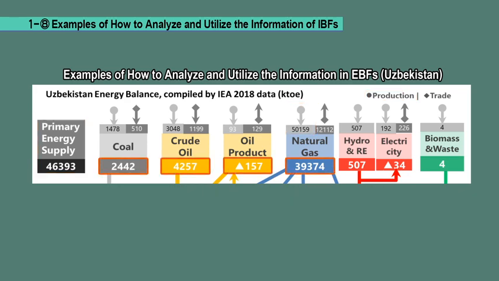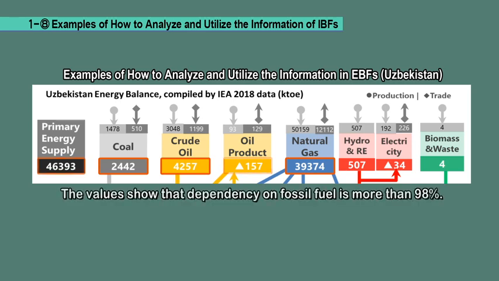To see its dependency on fossil fuel, look at the total, the lower part of supply at the top of the figure. Coal, 2,442, crude oil, 4,257, and natural gas, 39,000. These values show that more than 98% of the total primary energy supply of 46,000 is from fossil fuel.